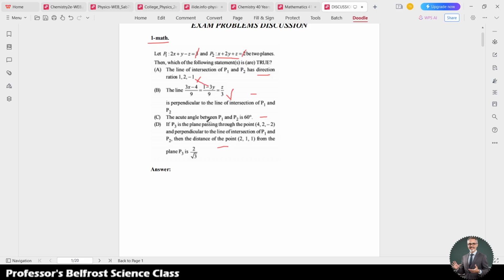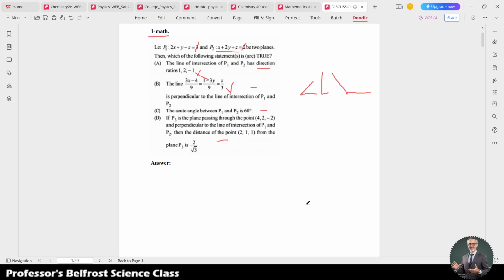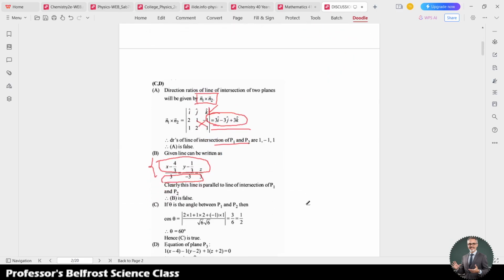Now the angle: acute, right angle, obtuse. The acute angle between P1 and P2 is 60 degrees.